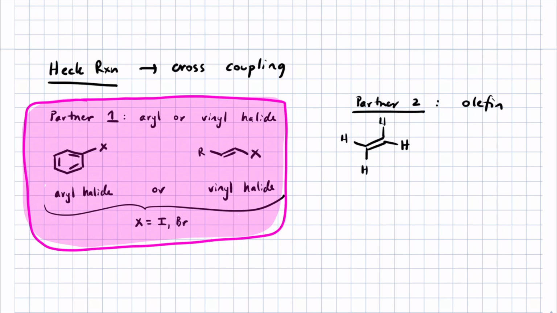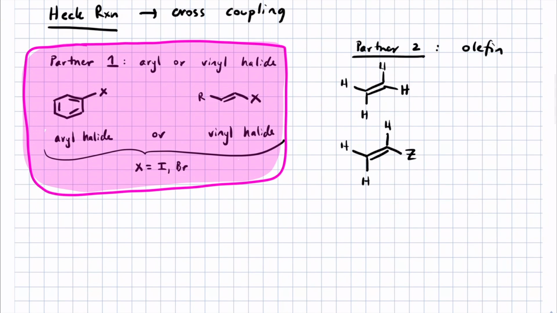But also olefins of the type where they are monosubstituted with some Z group, where Z tends to be something that's sp2 hybridized as well. Sometimes things that are electron withdrawing groups, such as the squiggly line indicates the bond that connects the Z group to the vinyl carbon.